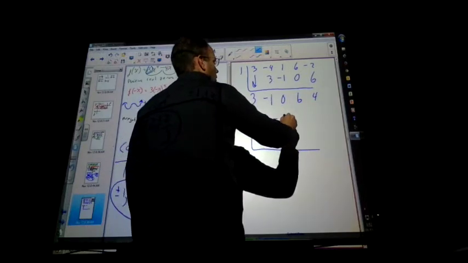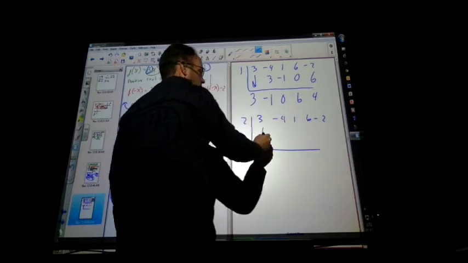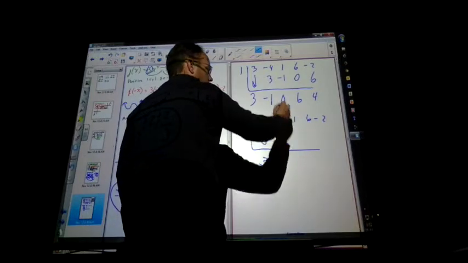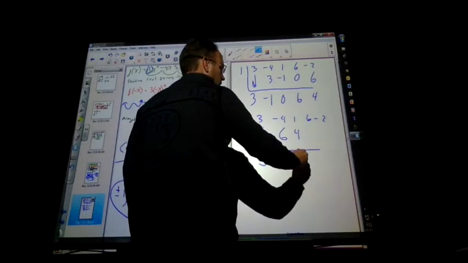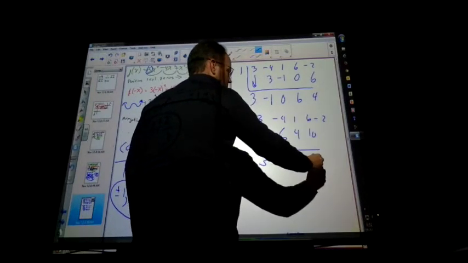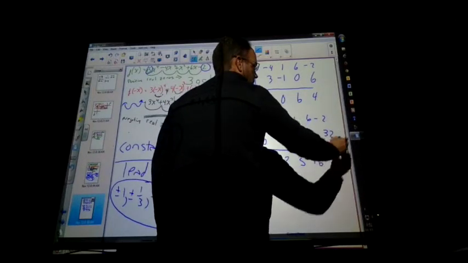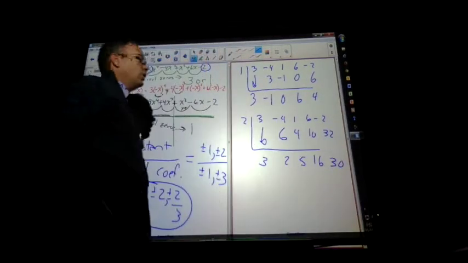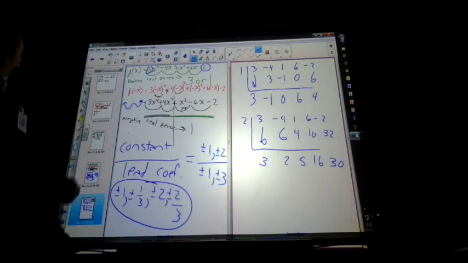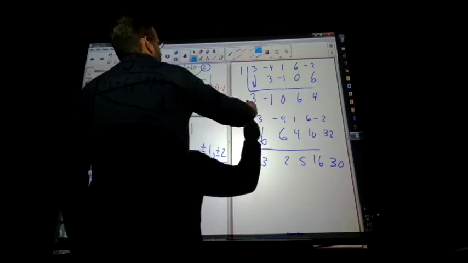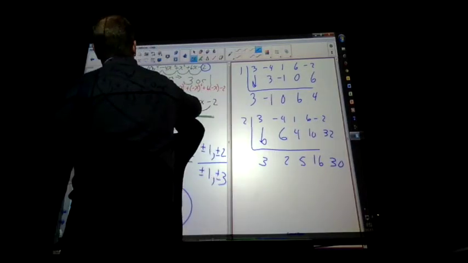So I have 3, -4, 1, 6, -2. 3 down. 2, 4, 5, 10, 16, 32, 30. Is 2 a solution? Dang it, I got to go to the fractions. Got to use the F-bomb. Fraction. Go foiling right now.